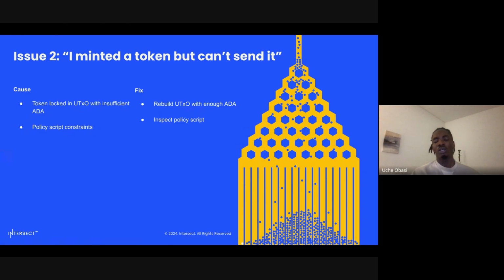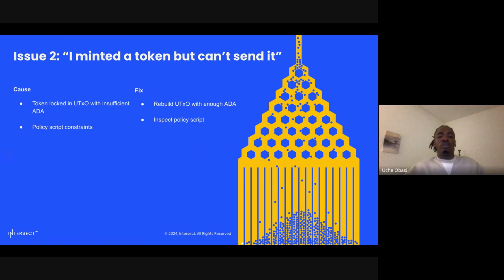Again, it boils down to meeting the minimum ADA requirements. When you encounter an issue like this, one of the common causes is your token being locked in the UTXO because you have insufficient ADA. And when that happens, of course, you push a fix by rebuilding your UTXO with enough ADA.